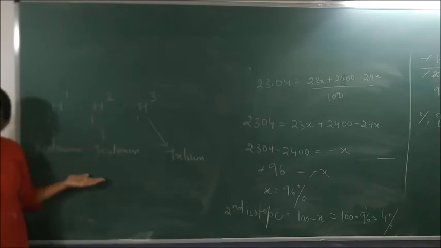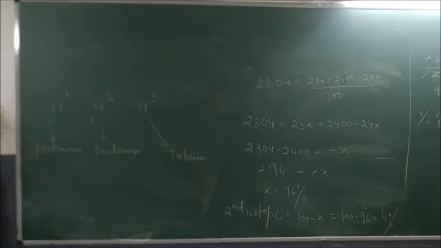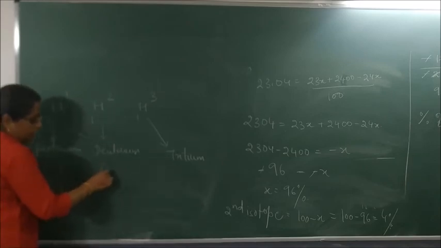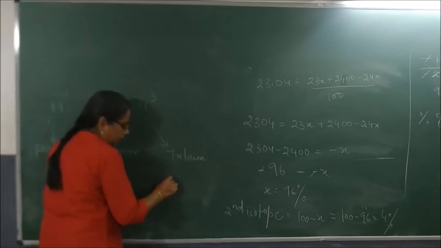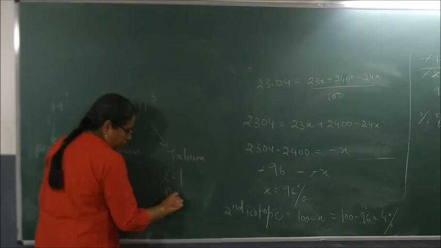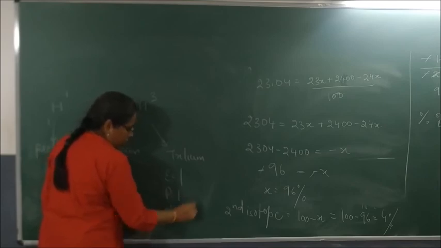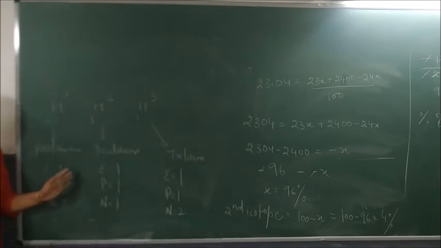Clear? So what are the total number of electrons, protons and neutrons in it? Electron 1, proton 1, neutron 0. Here it is what? Electron 1, proton 1, neutron 1. Here electron 1, proton 1, neutron 2. This is what they are asking you to write.